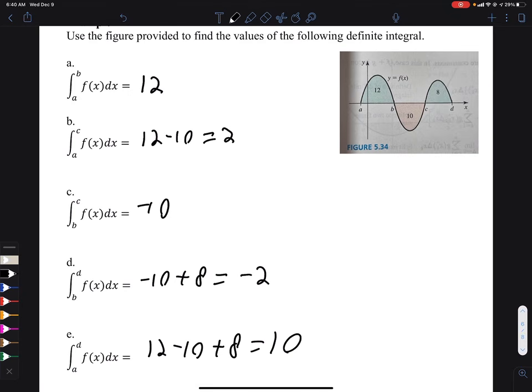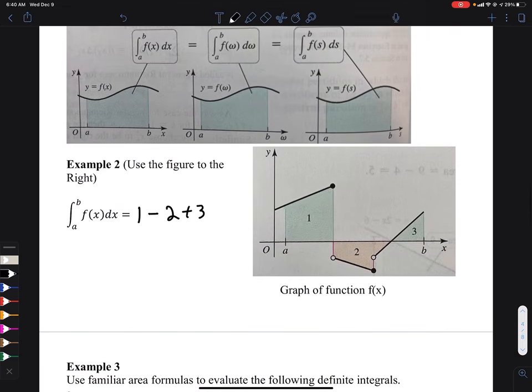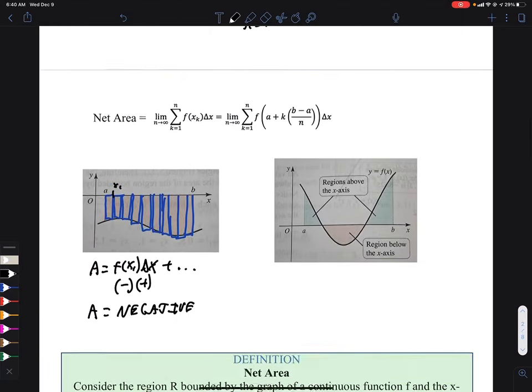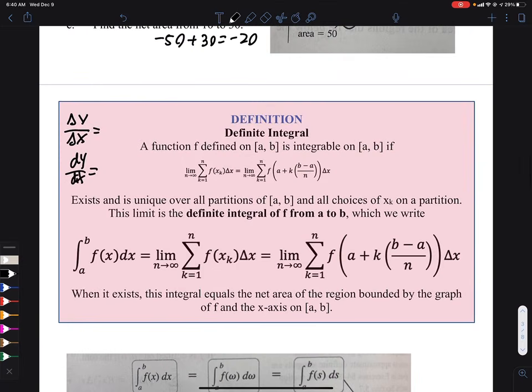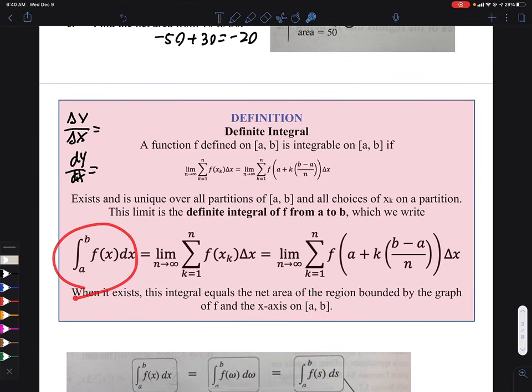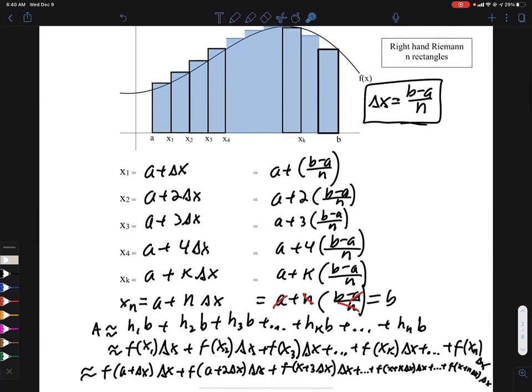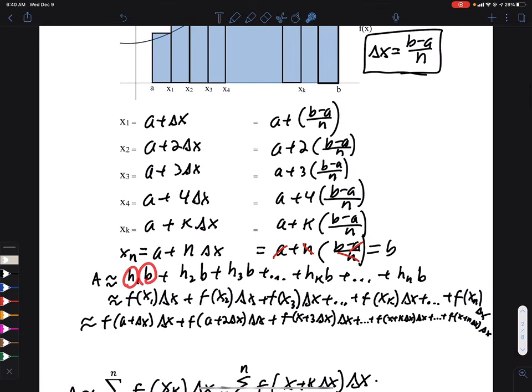But this may be easy, but make sure you're making connections. Okay, let me go back and stress this importance. This definite integral is connected with Riemann sums. The function here represents the height of your rectangles. F of x represents the height of that rectangle.